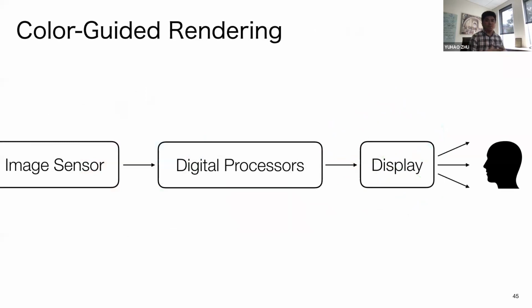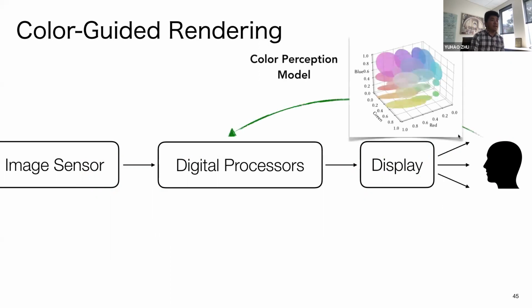If you put this into the end-to-end rendering pipeline, a GPU is doing the rendering here, and typically the GPU generates a frame, which then gets transmitted to the display, which then emits light to users, to you. What we do is, as I showed you, we built a color perception model that tells us for each reference color at a particular eccentricity what the perceptually equivalent colors are.